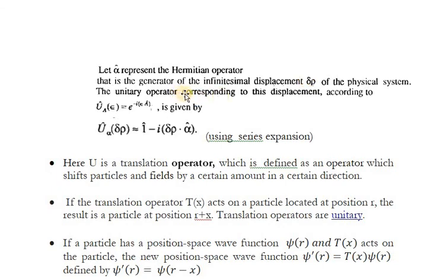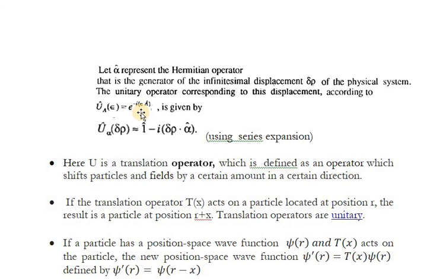The unitary operator corresponding to the displacement, as we have already considered, is given by U(alpha, delta rho) equal to e power minus i delta rho dot alpha.